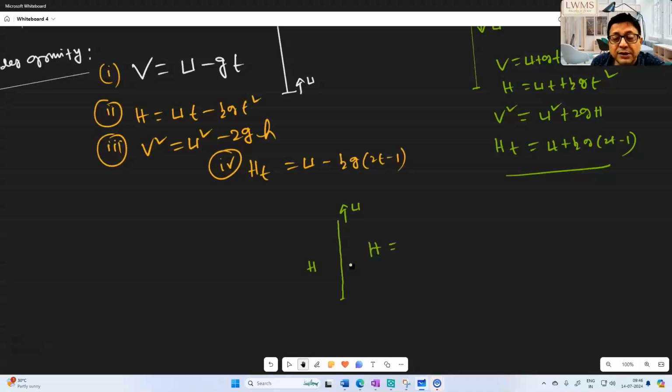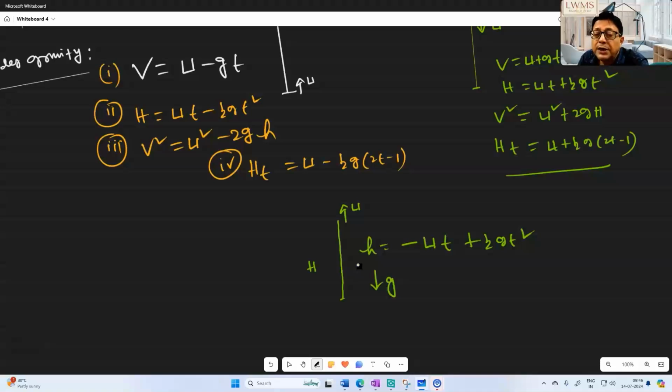After time t, the displacement of the particle, how to write? It is h equal to minus u into t plus half gt square, because g is downward and u is upward, that's why u becomes minus, and g is along the direction of motion, that is plus.